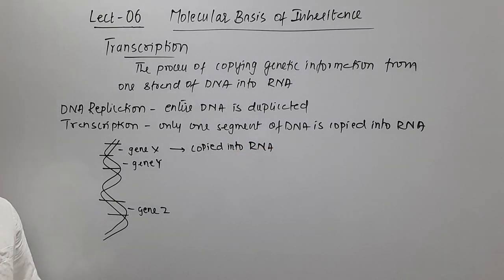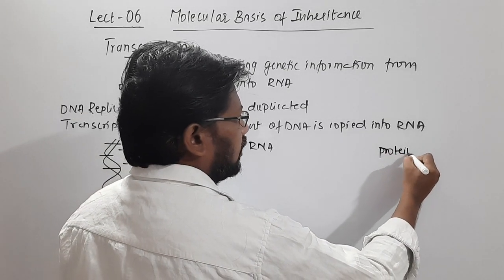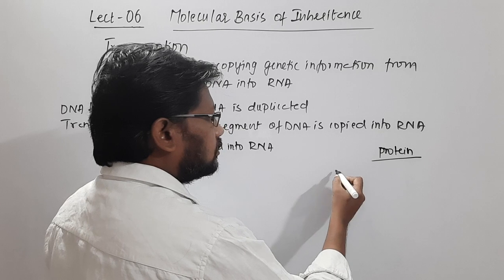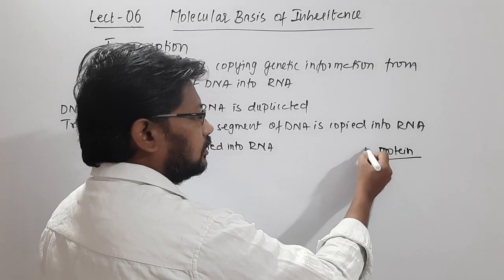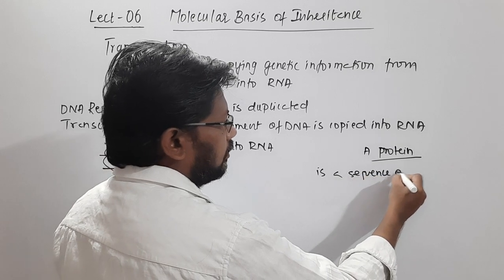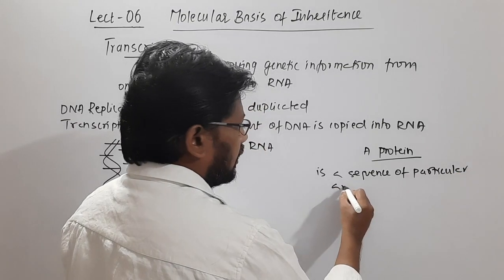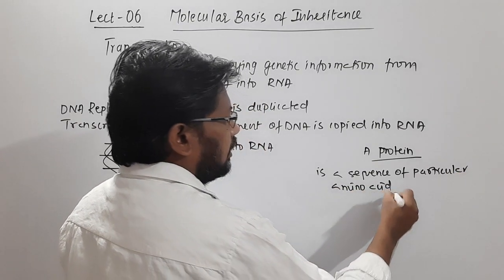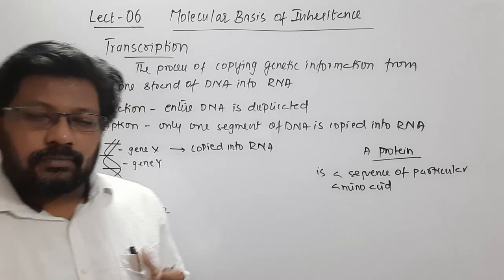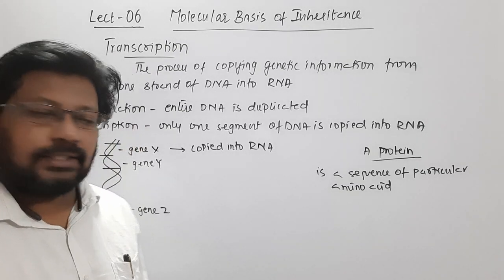Both transcription and translation are part of protein synthesis, right? We know that a protein is a sequence of particular amino acids. So every protein will have its own particular sequence of amino acids.